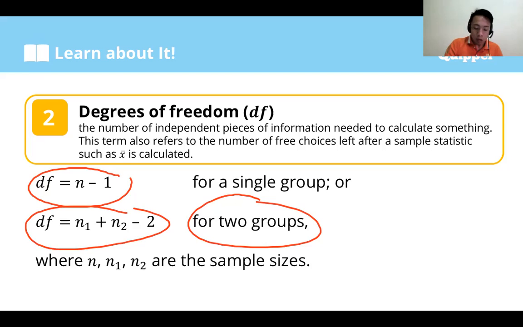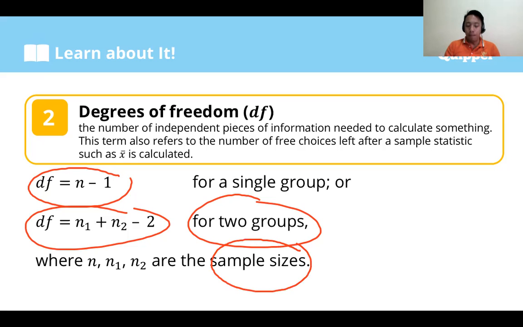So n1 plus n2 minus 2. Again, kapag meron tayong isang group or single group, n minus 1. If we have two groups, n1 plus n2 minus 2, where n1 and n2 are the sample sizes.